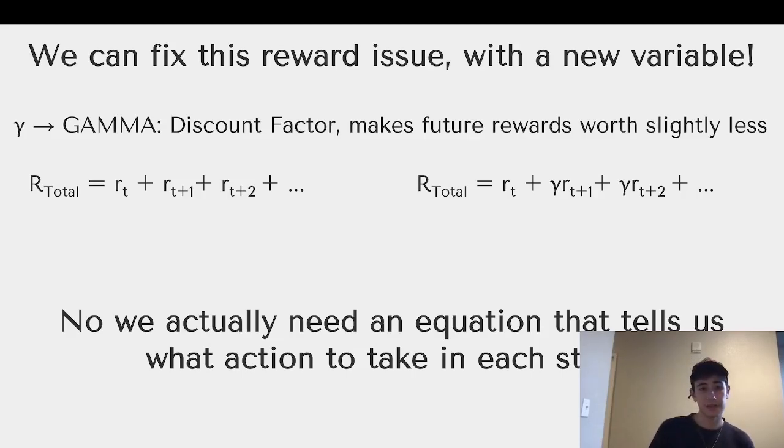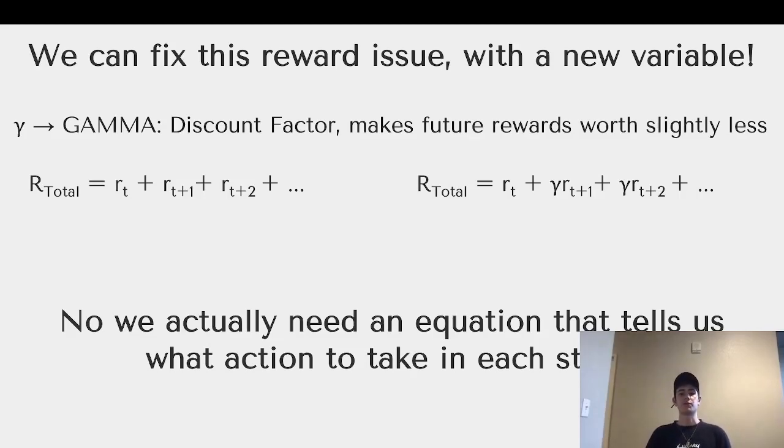So previously, we had our formulation where R total equals R_{t+1}, and t is just a time step. So we're just adding all of our immediate rewards. And our new R total, the one on the right, uses the gamma discount factor. Now, I made a mistake here. It should be squared. So for every next time step, the power of gamma increases by 1 to decrease the value of future rewards.